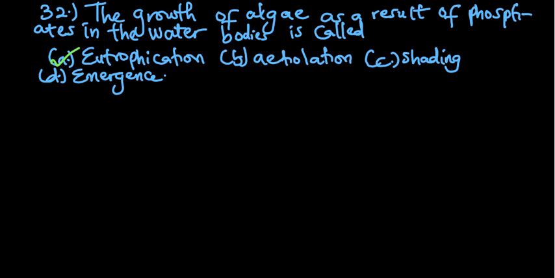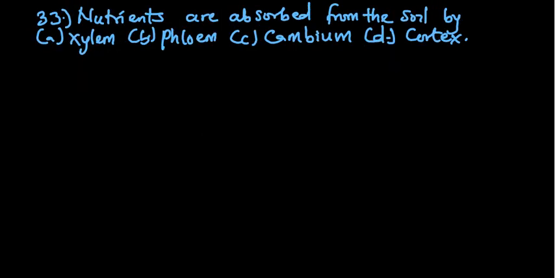Eutrophication is the process by which an entire body of water or part of it becomes progressively enriched with minerals and nutrients. A common visible effect of eutrophication is algal bloom. So our answer is eutrophication. Let's go to number 33.